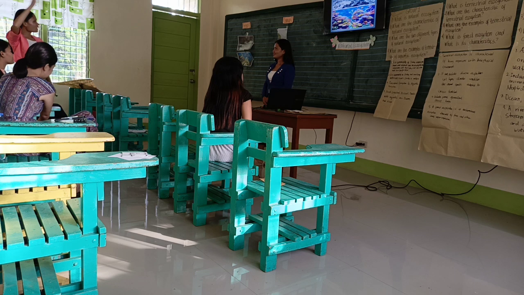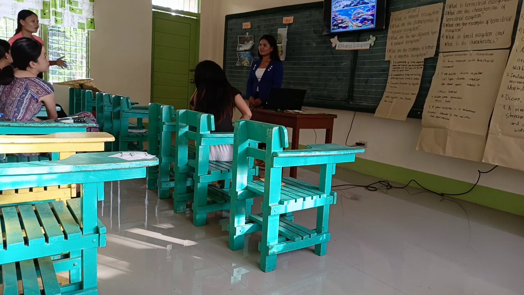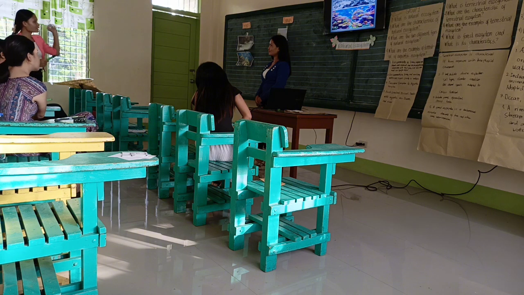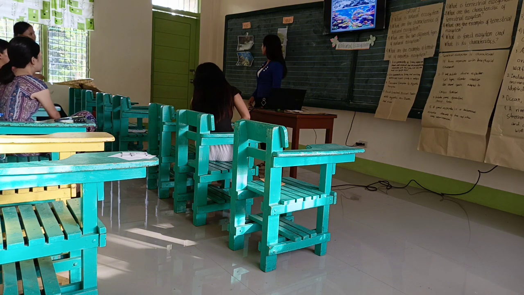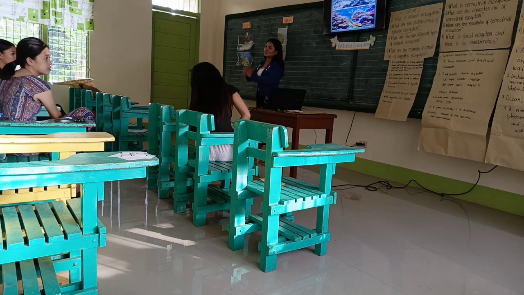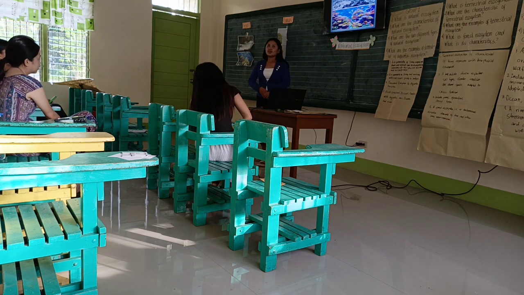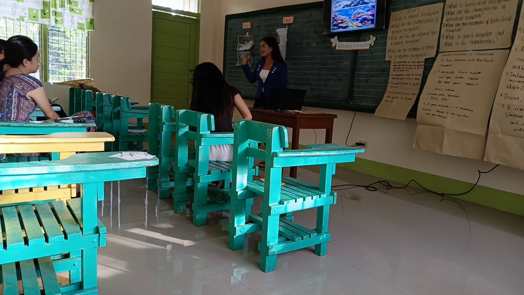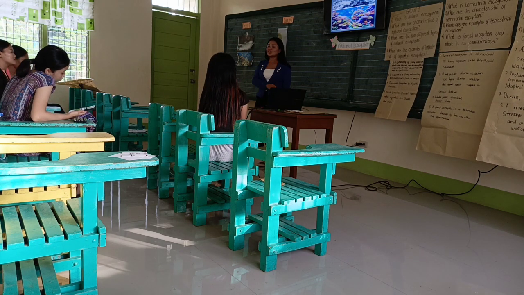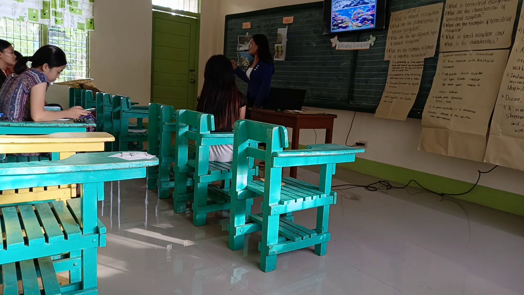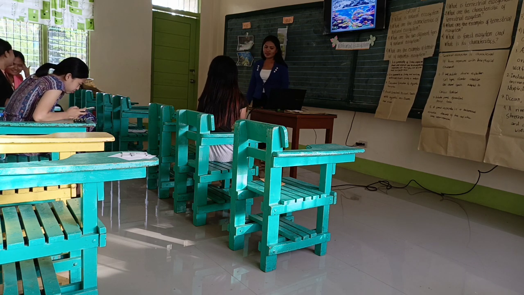The example of freshwater ecosystem is river, and the example of marine is the ocean. Very good. Exactly. So the examples of freshwater ecosystem are lakes or rivers, while marine ecosystems are, for example, the oceans, wetlands, or coral reefs.